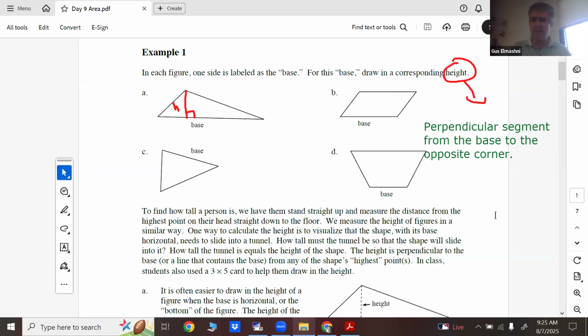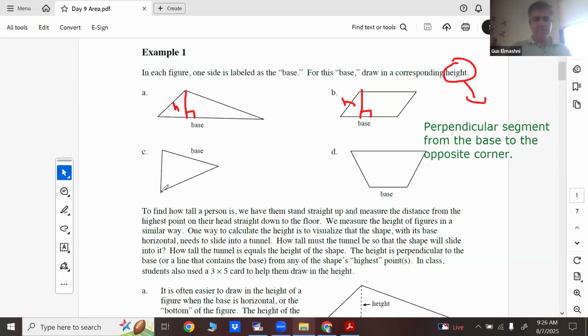Now for this one, probably easier if I draw it like this. That's my height yet again. I could have drawn it to this corner, but it's kind of weird because the base isn't. I mean, it would have been fine. I could have extended that base, then done that. I could have, but yeah, I think it's just fine the way I did that one.